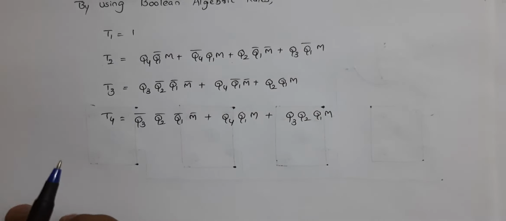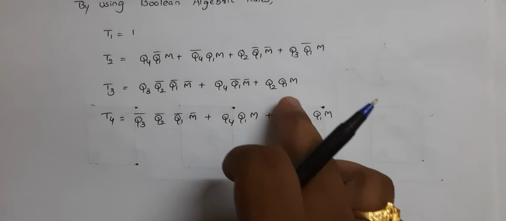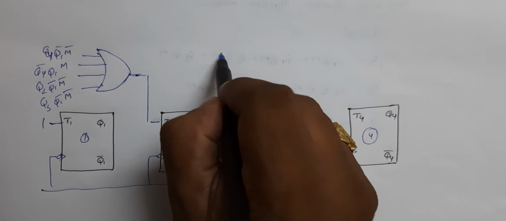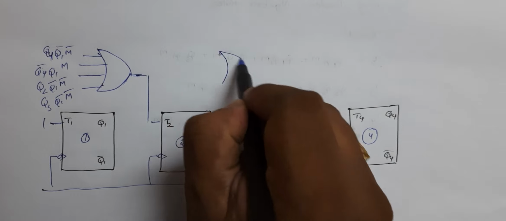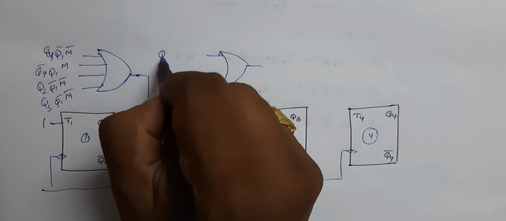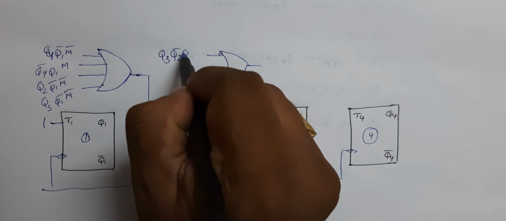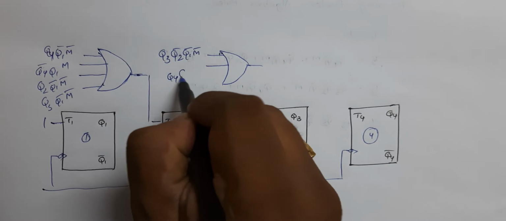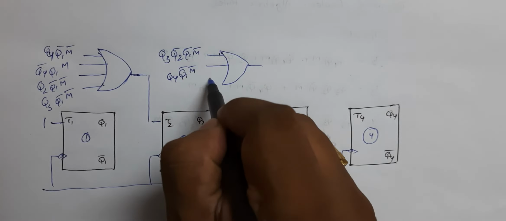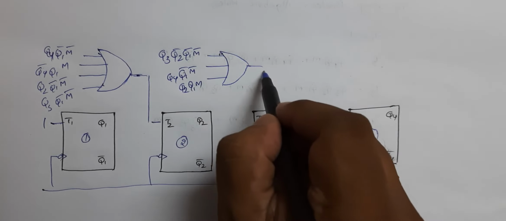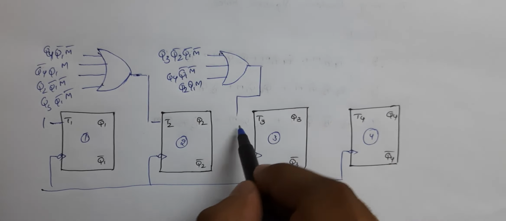Okay, and what is T3? The T3 expression is this one. By considering the T3 expression, take one 3 input OR gate, and those 3 inputs are Q3 Q2 bar Q1 bar M bar, Q4 Q1 bar M bar, and Q2 Q1 M, and the output is connected to T3.